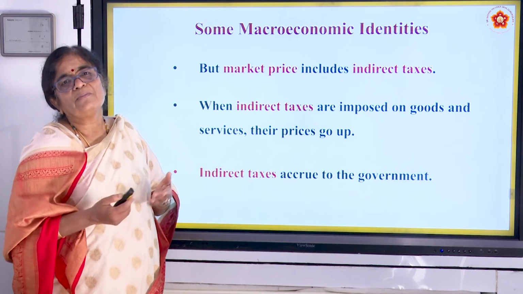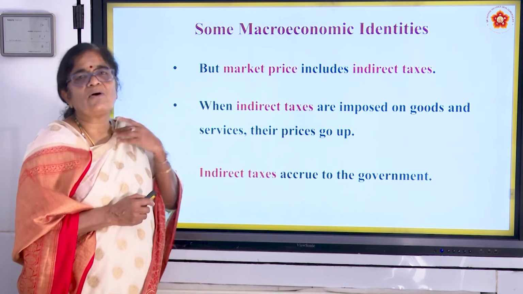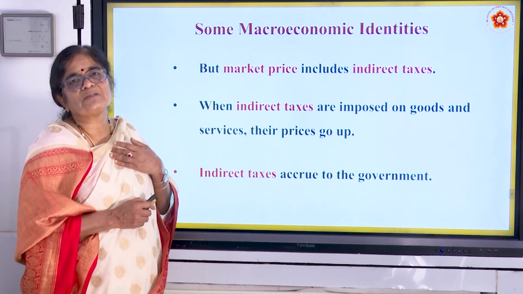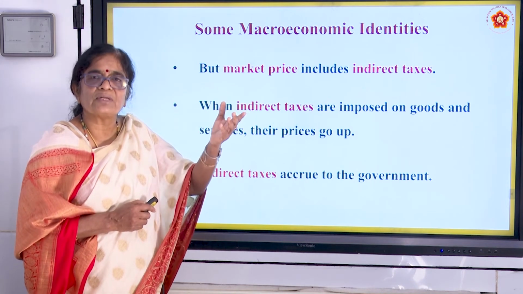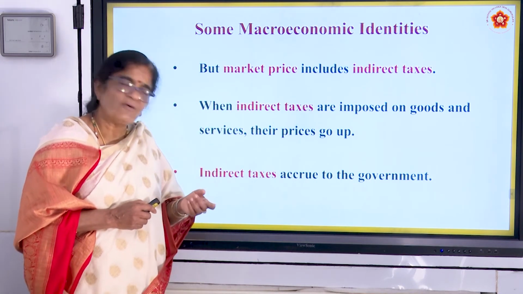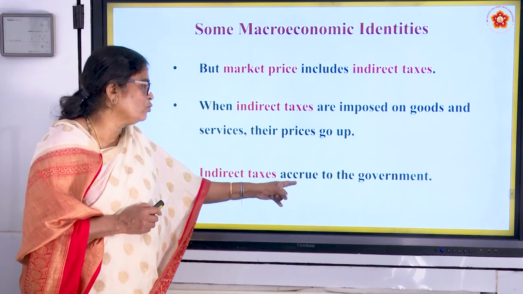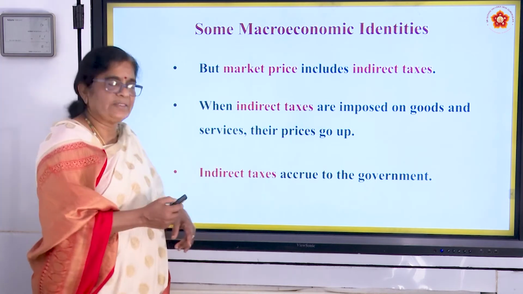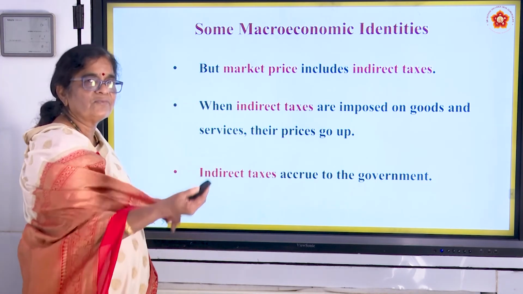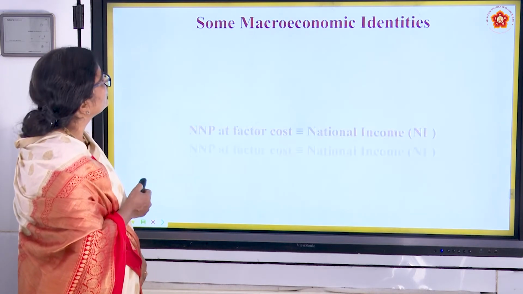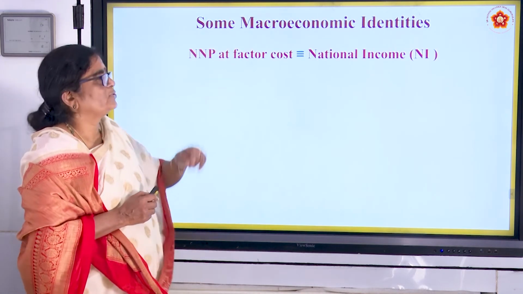The shopkeepers charge the prices from us, and part of the tax is paid by those shop owners or entrepreneurs back to the government. Therefore, indirect taxes accrue, meaning they are received by the government. It goes to the government as an income of the government. NNP at factor cost.